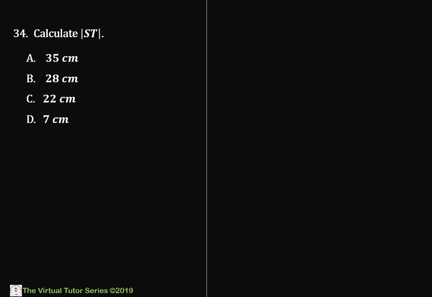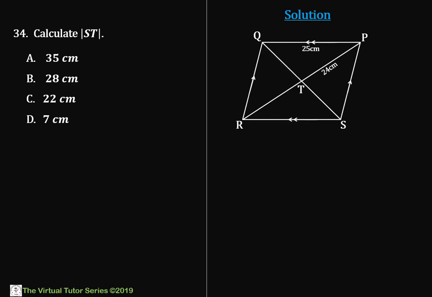Question 34. Calculate length ST. Solution. We already know angle PTQ to be 90 degrees. Therefore, triangle PTQ is a right-angled triangle.